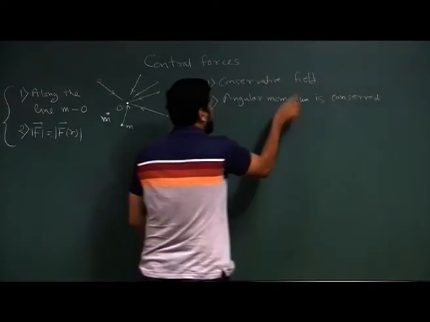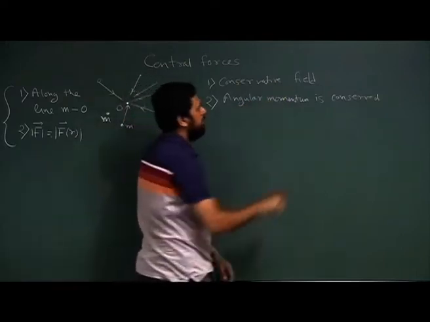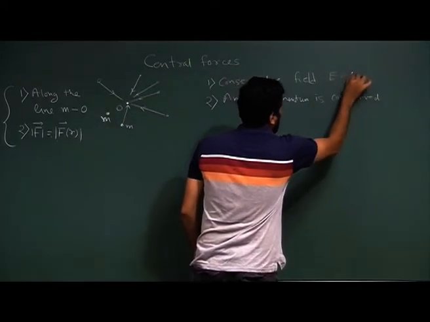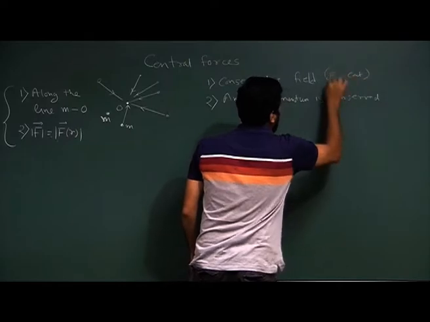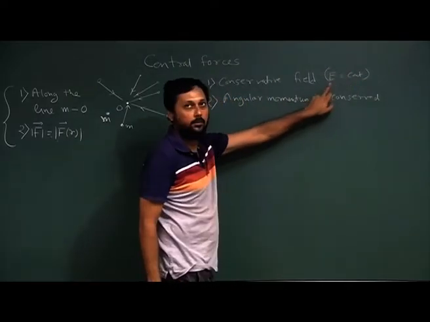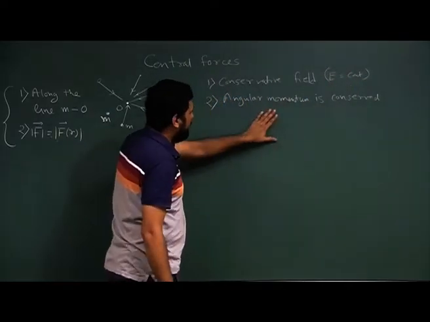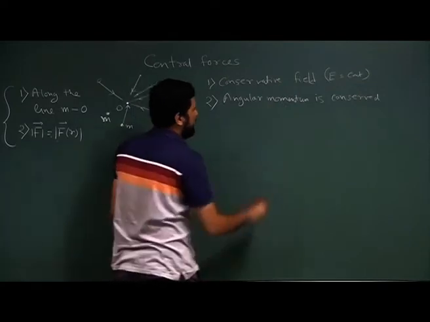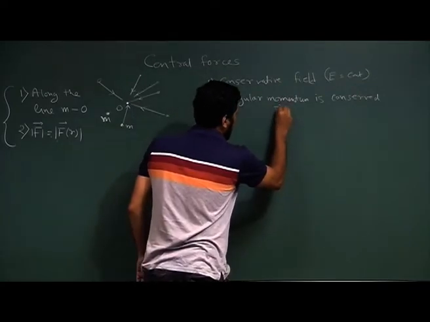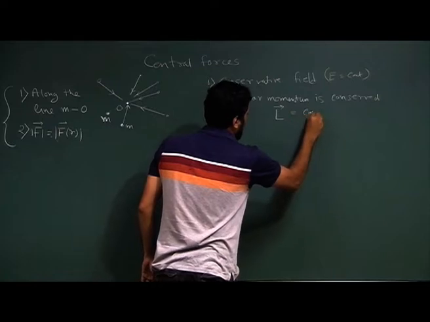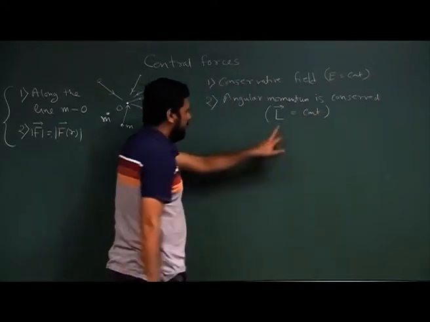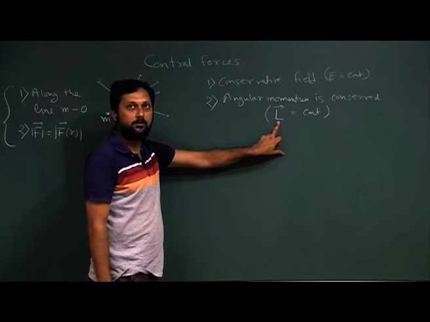So, conservative force field, the first point, essentially means E is equal to a constant, total energy of the force field is a constant. Now, angular momentum is conserved, that essentially means L is equal to constant. We write L for the angular momentum vector.